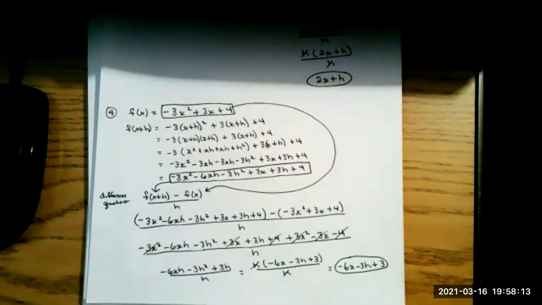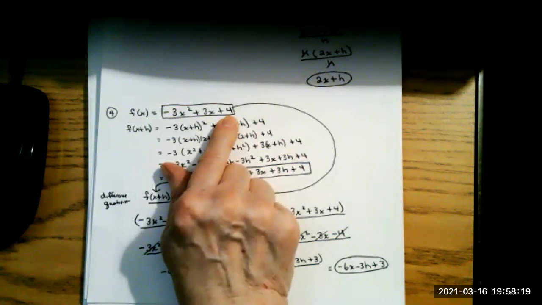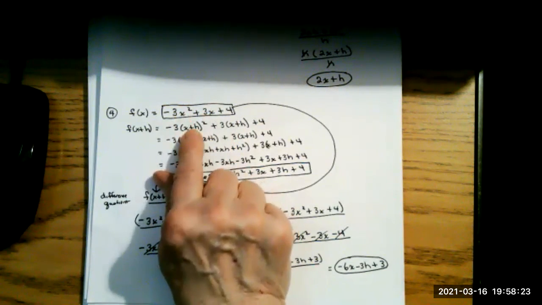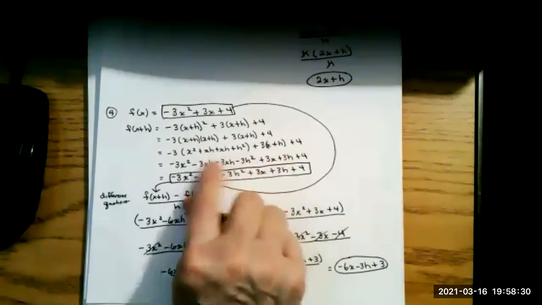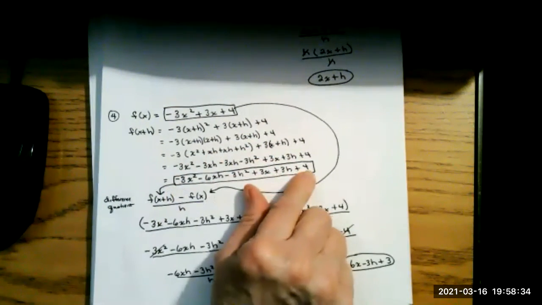This one is a little bit longer because you're dealing with a trinomial instead of a binomial. So every time you have this x, you're putting in x plus h in that spot. So then you have to multiply it out, and then you have to combine your like terms. So it gets pretty long.